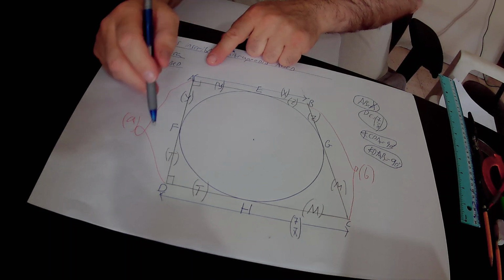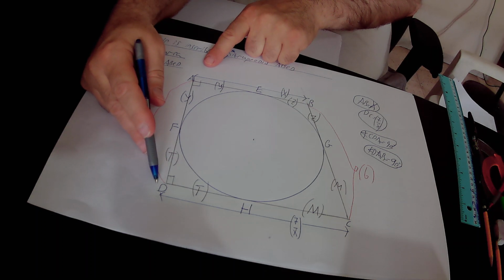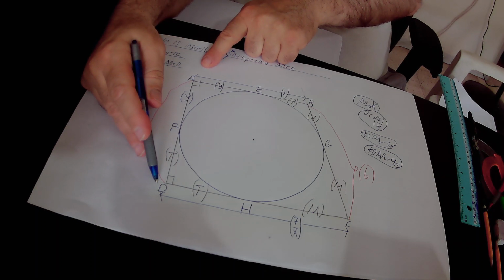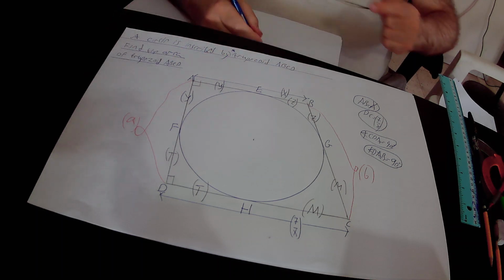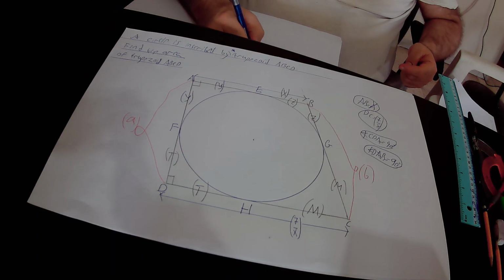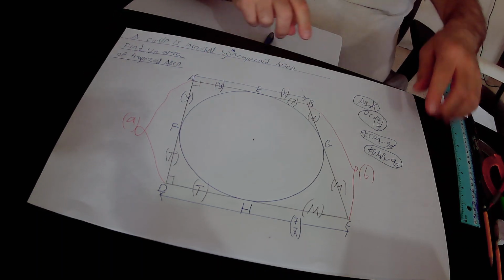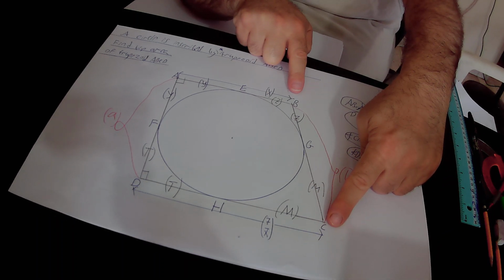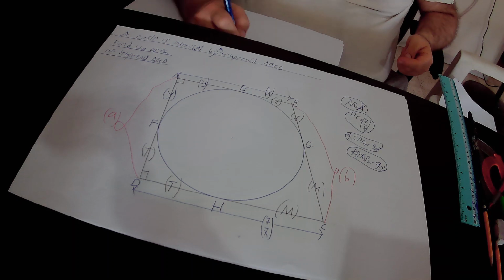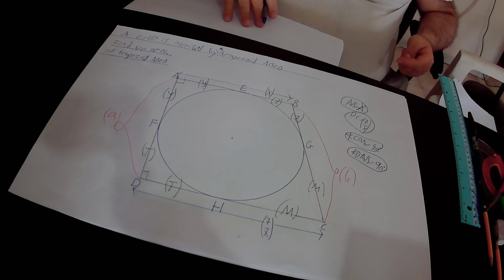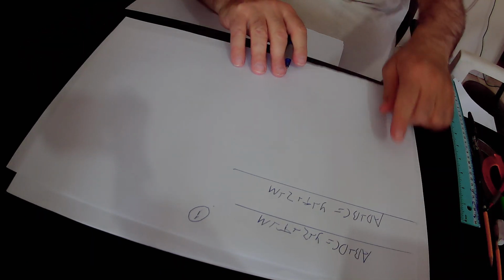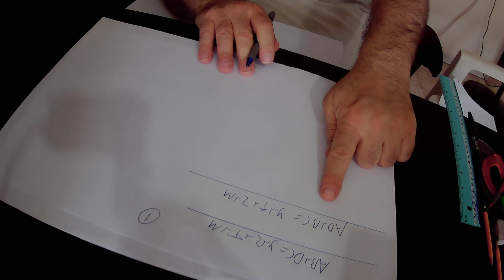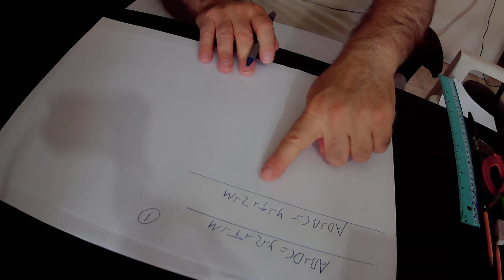According to rule 2, AD equals Y plus T, while BC according to rule 2 equals Z plus M. So in total, AD plus BC equals Y plus T plus Z plus M.